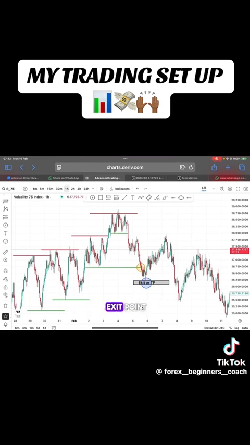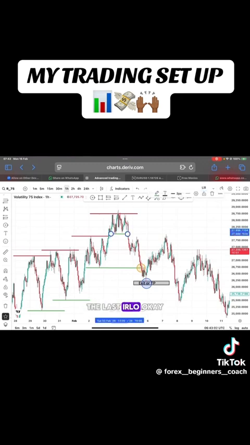So after identifying your exit point, you need to identify your entry zone. Remember, it's not about knowing where to exit, it's also knowing where to enter that matters when taking simple strategies, okay? Like I said on my live, our entry points are always going to be the second higher high before the most recent higher high and the last higher low, okay?